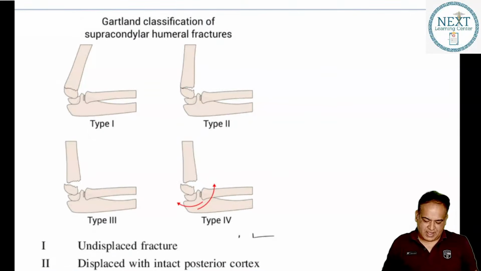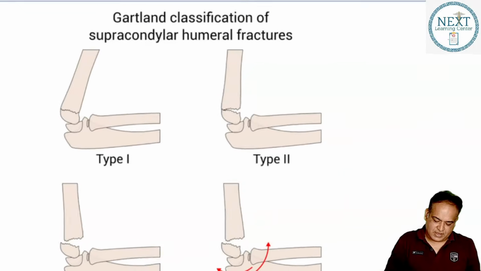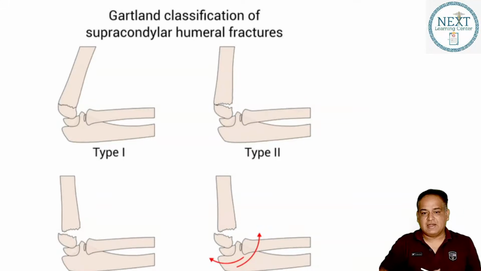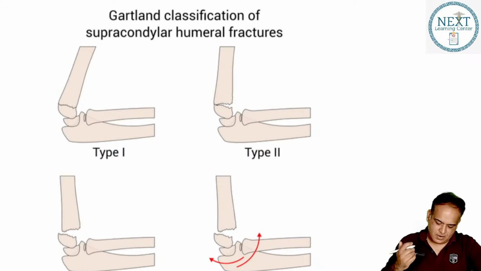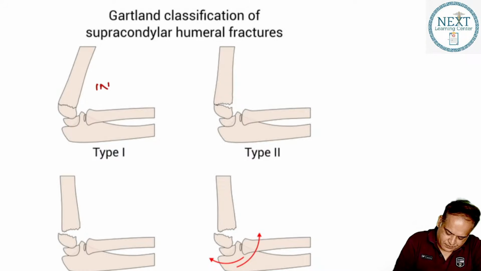Okay, then we have got Gartland classification, for supracondylar fracture of humerus. Gartland classification was asked in 2024, and also in 25, right? Okay, so type 1, incomplete fracture. Fine.